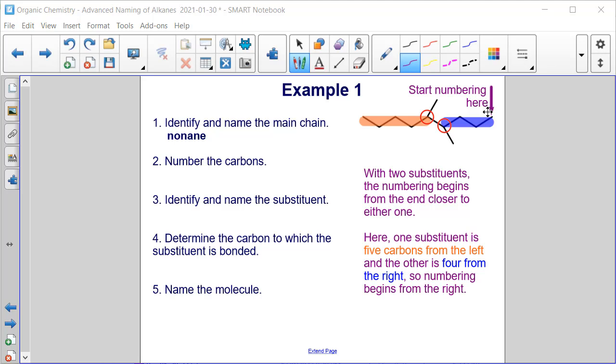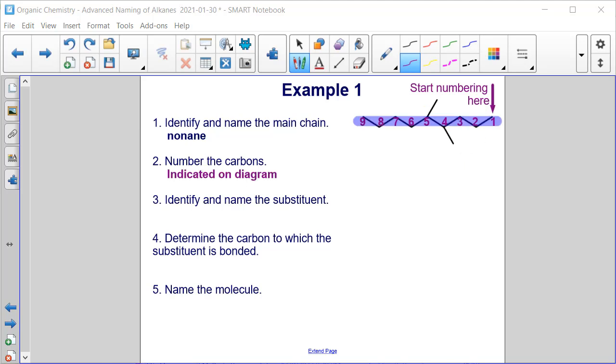Okay, so we want to start from the right, where we'll get the number closest to that substituent. All right, so you can see in the diagram in purple that same numbering that I showed you a couple of slides back. Now the next step is to identify and name the substituents.